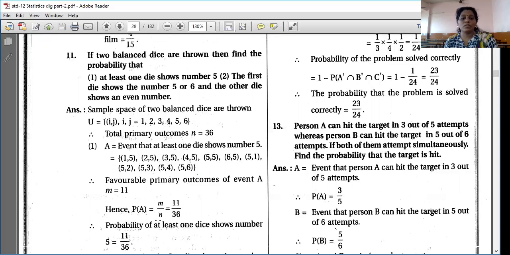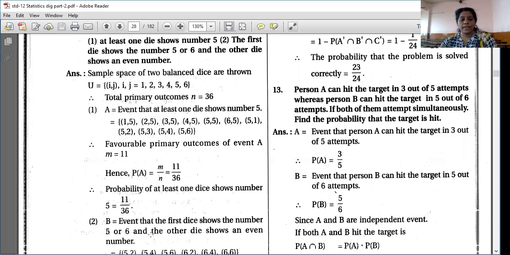So your favorable outcome of the event will be M equal to 11. So your P of A will be M upon N, that is 11 upon 36. So the probability that at least one die shows number 5 is 11 upon 36.